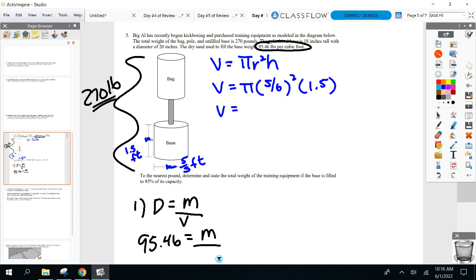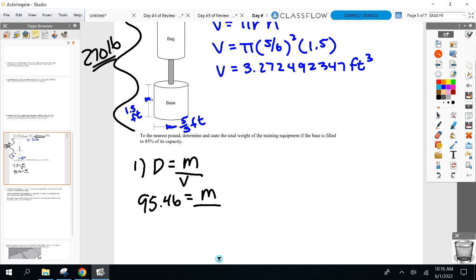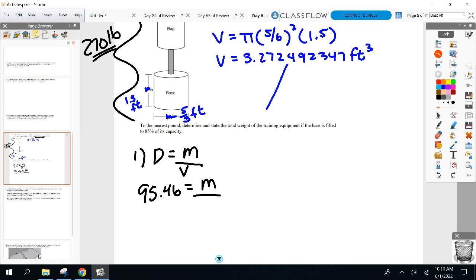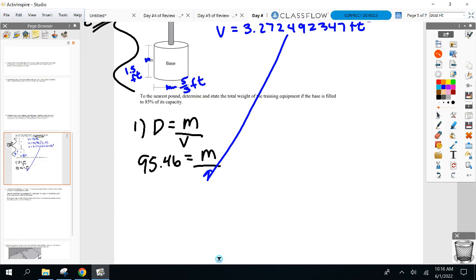We're certainly not done with the problem yet. 3.272492347 cubic feet. Now we can find how heavy the sand is, right? So I'm going to take this number, put it in for my volume. Let's see how heavy the sand is.